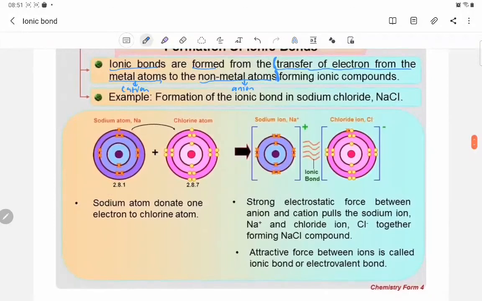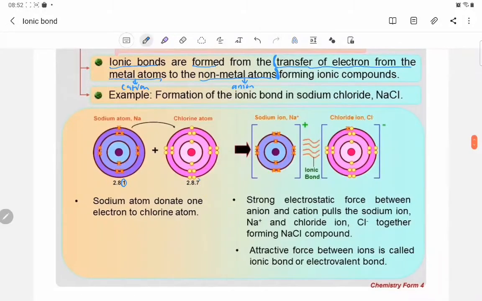So here we have a sodium atom and a chlorine atom. The electron arrangement for sodium atom is 2.8.1, where the valence electron of sodium atom is equal to 1. The electron arrangement of chlorine atom is 2.8.7, where the valence electron of chlorine atom is 7, which means chlorine atom requires 1 more electron to achieve stable electron arrangement.